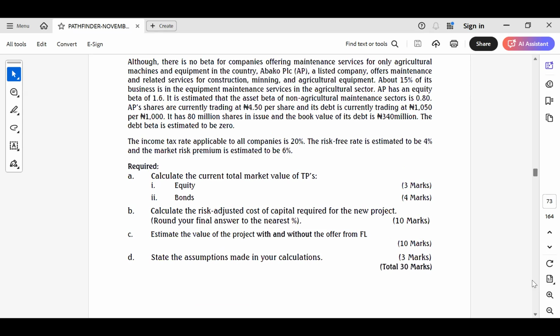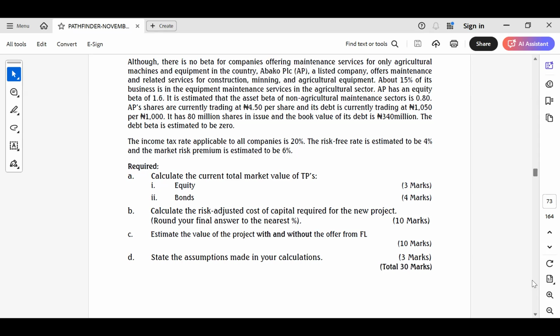After calculating, we add the two values together, value of equity and value of bond. We have not gotten to value of equity; when we get to business valuation, you will see how we do it properly. But we've done value of bonds in previous videos.